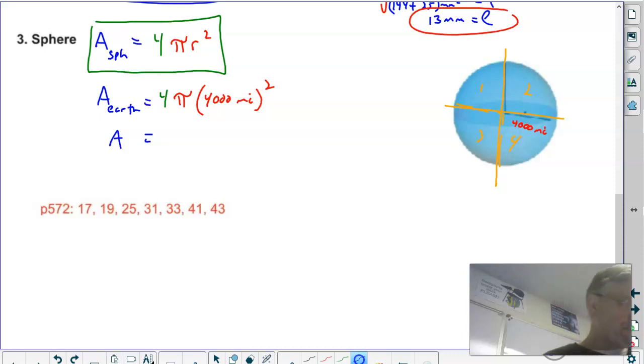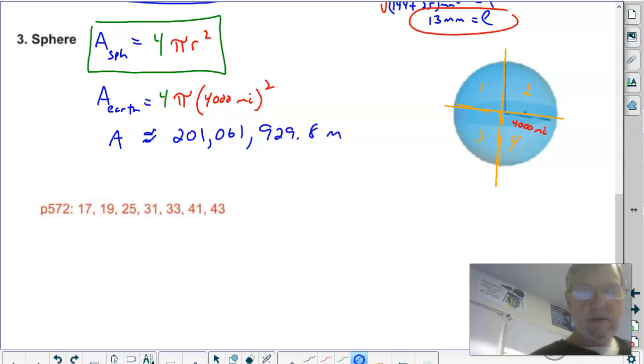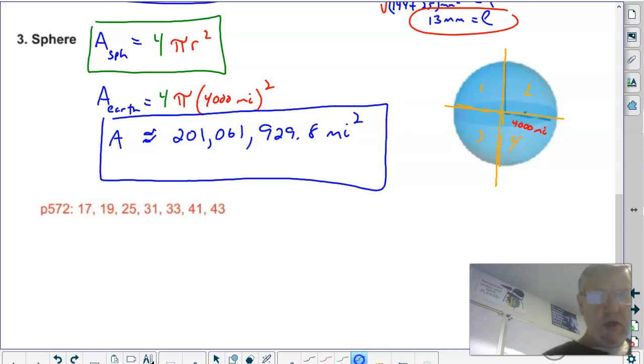Okay, so this is going to be approximately 201,061,929.8 square miles.